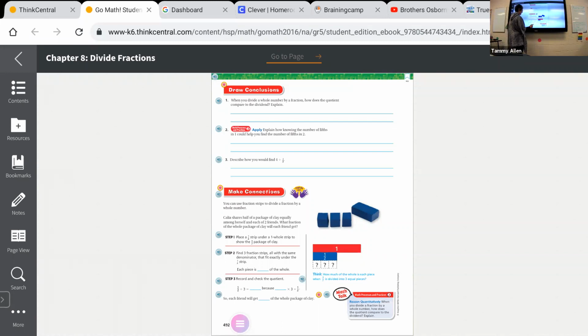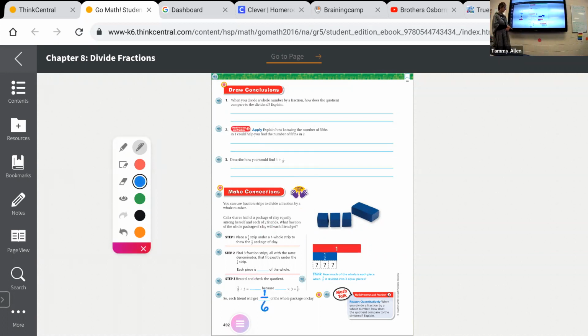So each gram will get 1/6 of the whole package of clay. Does that make sense?